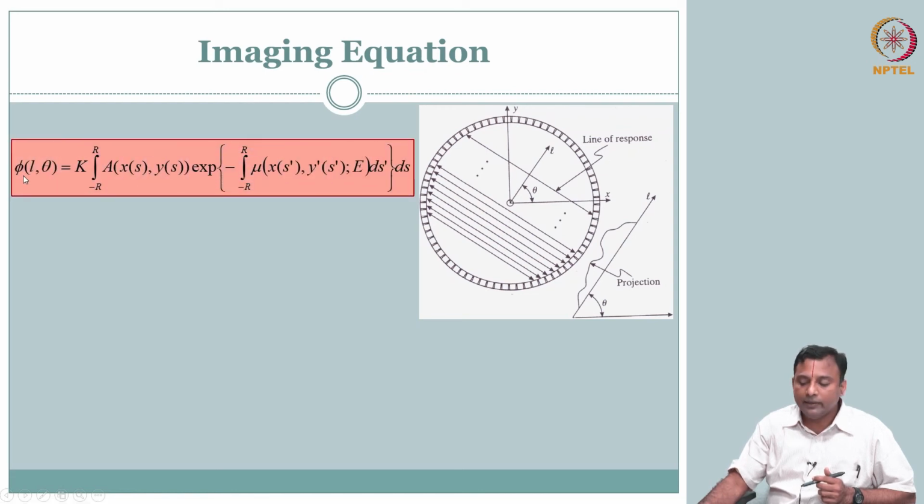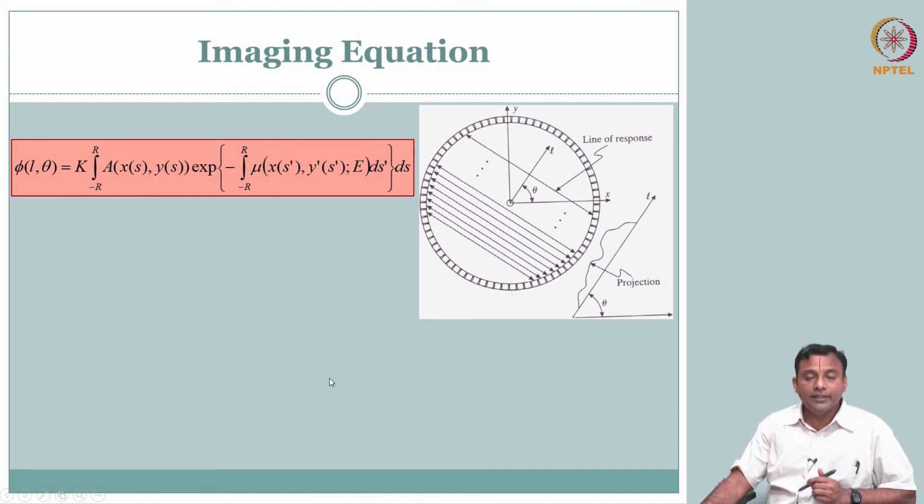Phi of L comma theta is nothing but all the scaling factors, effect of geometry, detector efficiency, all of that you can put here as some constant. But more importantly, you are integrating from minus R to R of A of xs, ys. Instead of N, I have expanded to the integral of this. Along with N, we had the probability of detection, so there you had your exponential within minus R to R.